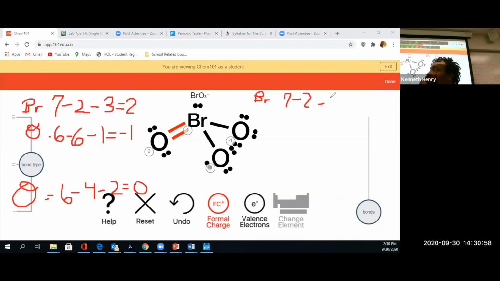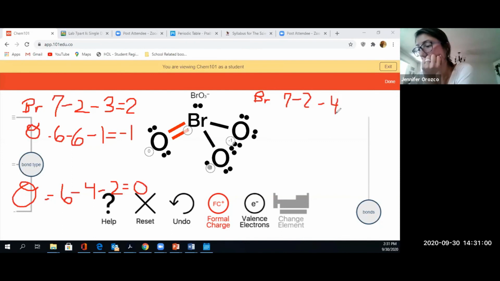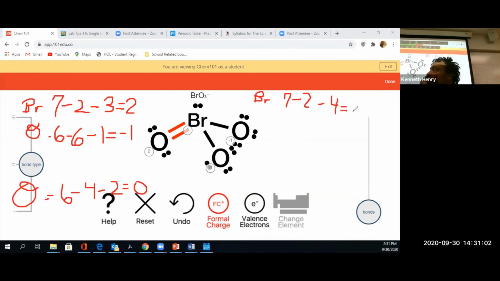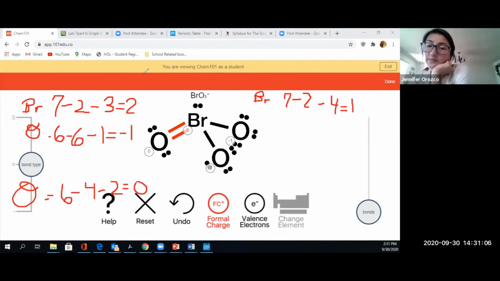How many bonds? 4. Okay, so that still has a value of 1. Is there any way that we can make it smaller? Yeah, you can add another bond with another oxygen. Remove the 2 pairs, make a bond with bromine.